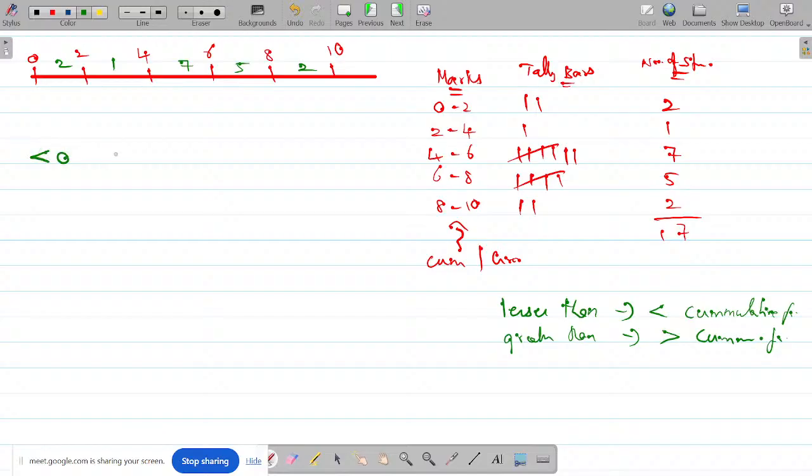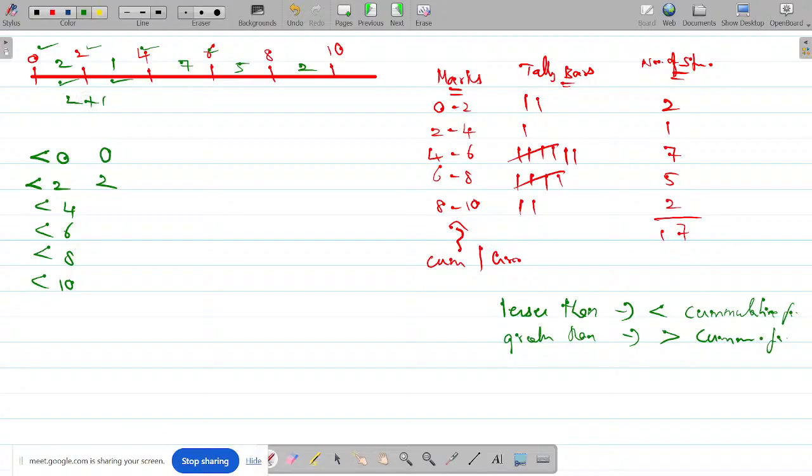How many are less than 0? Nobody is less than 0. Less than 2. You may ask me why you are not taking less than 1, ma'am. We will not take it because we are talking only about class boundaries. So less than 0, less than 2, less than 4, less than 6, less than 8, less than 10. Only these we take. Less than 0, less than 2, how many? 2. Less than 4, 2 plus 1. This is what I call cumulative, accumulation of values.